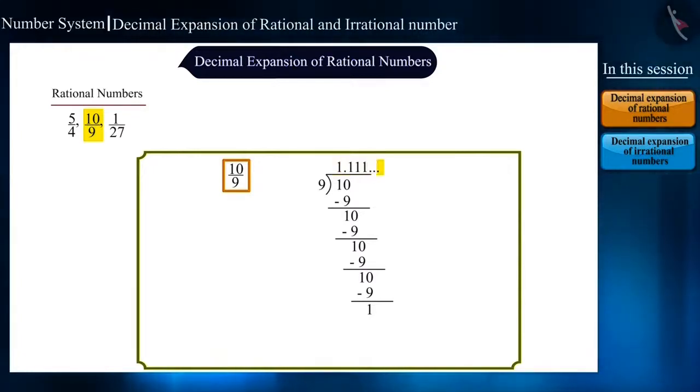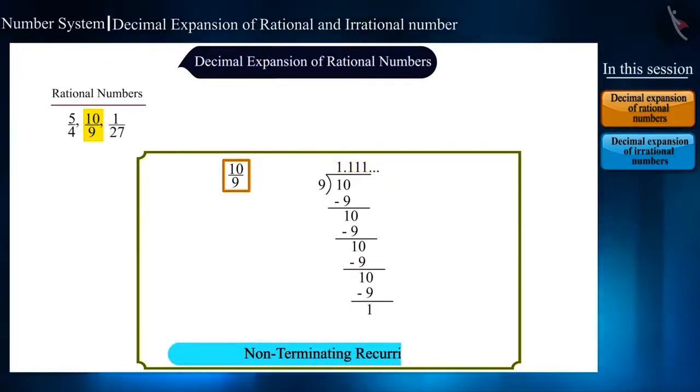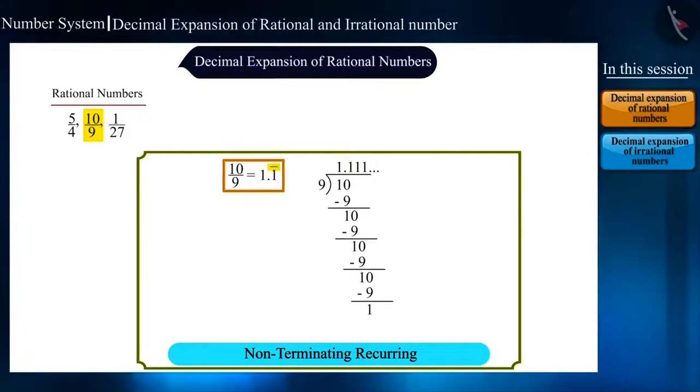If you observe it carefully, it is a never-ending process. A decimal expansion where both the remainder and the quotient are repetitive is called non-terminating or recurring decimal expansion. We can also write it as 1.1 with a bar. The bar above reveals the group of digits that recur.